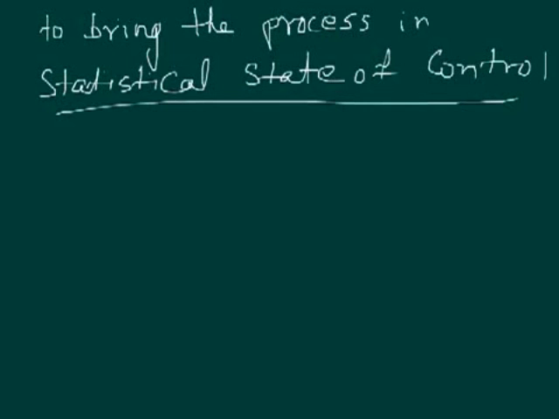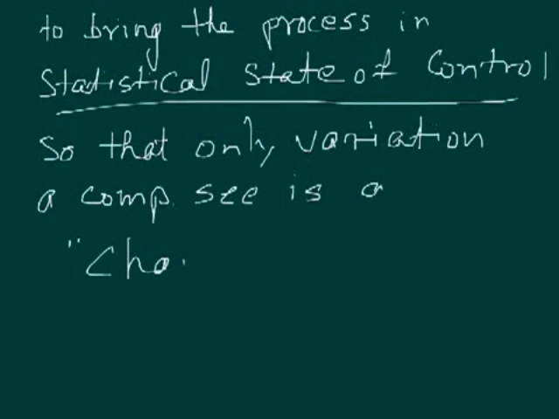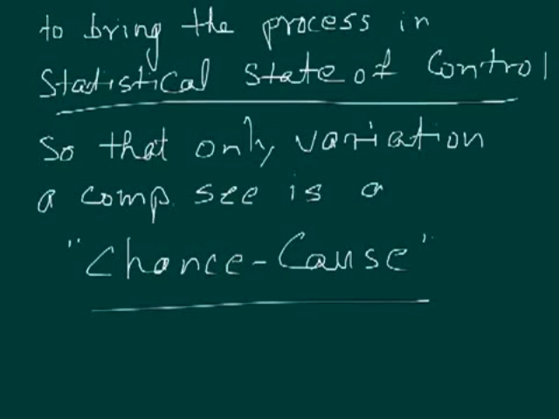And the reason behind that was so that the only variation a company sees is a chance cause. For now, that's all you need to know about this, but we'll talk about this in detail.